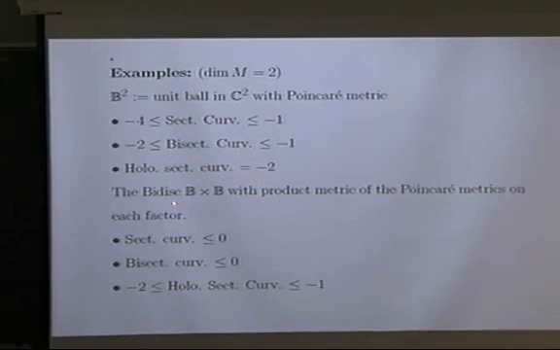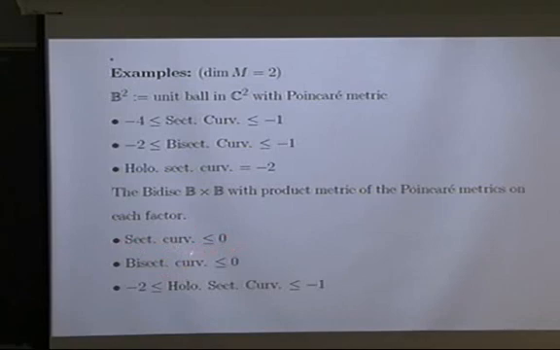The next simplest example of a two-dimensional manifold is the bidisk D cross D, where you equip it with the product of the Poincare metrics on each factor. In this case, the sectional curvature is just semi-negative; it can be 0 along some two-dimensional tangent planes.